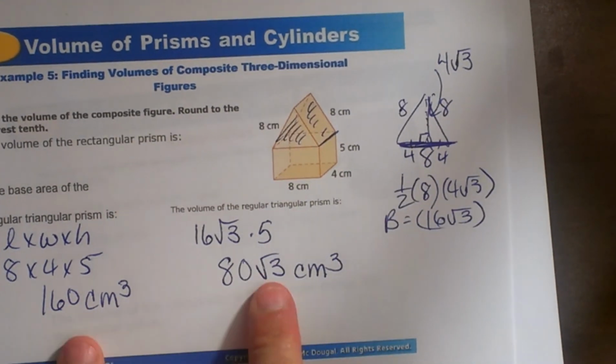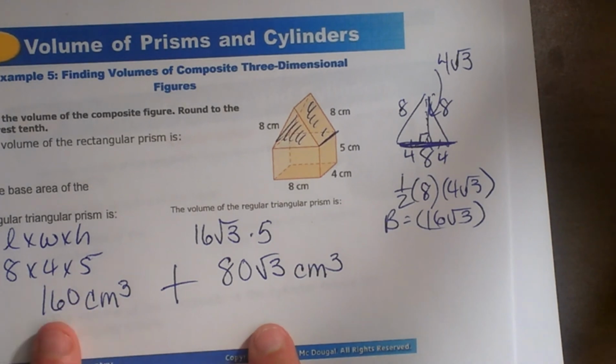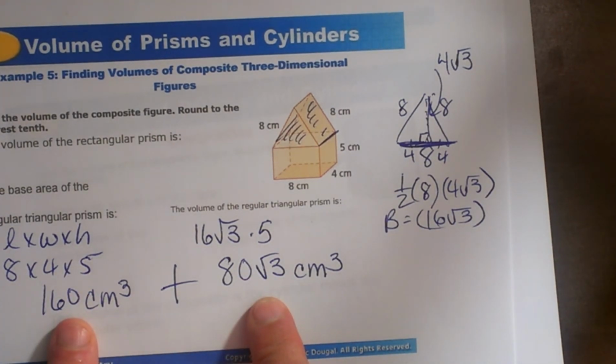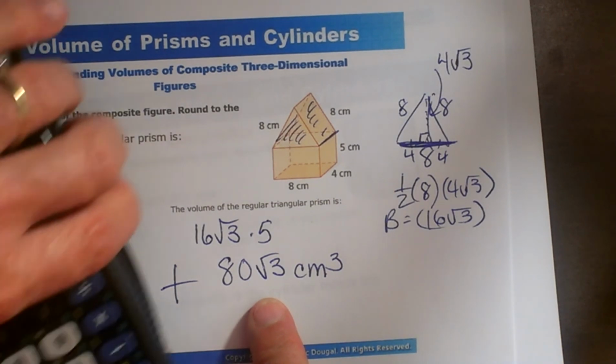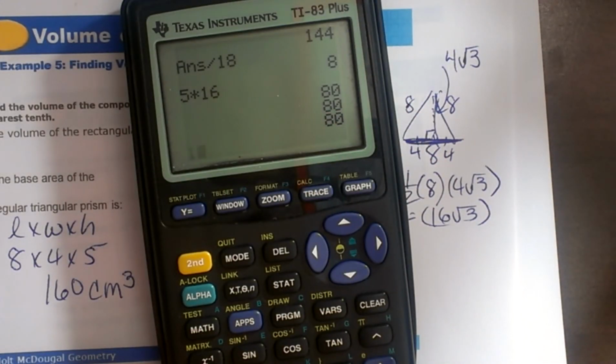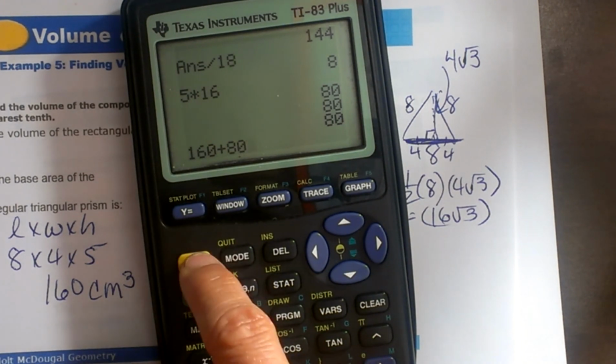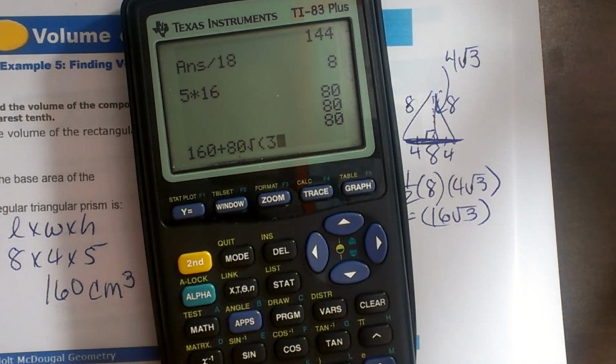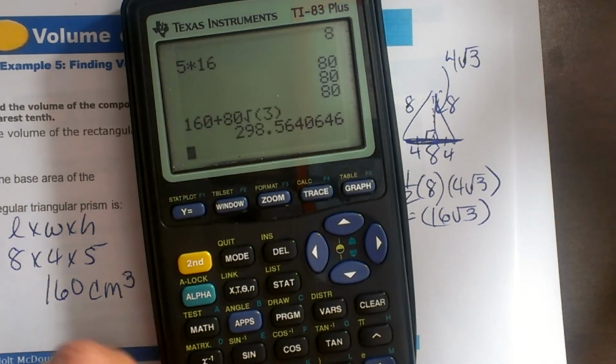Okay, now, here are my 2 volumes. I'm putting them together, so I'm going to add them. Now, can I add these together? Not in the form they're in, so there's your answer in exact form. Now, if you have a decimal form, you can go ahead and type it out as 160 plus 80 and put in the square root 3, and it should give you the decimal answer.